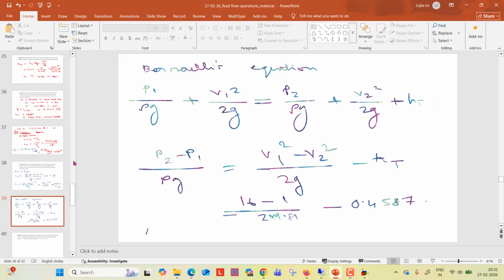So delta P will be this into rho into g, where rho is 1000 and g is 9.81. So it is coming as 3000.153 Pascal, right? So this is your pressure difference across the pipe.